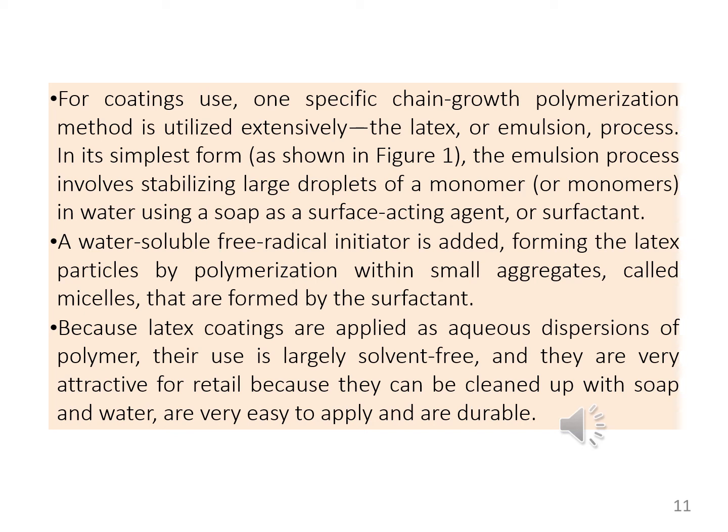So, in the simplest process, we can say that the emulsion process involves stabilizing the large droplets of monomers in the water, and they use soap as a surface active agent or surfactant.